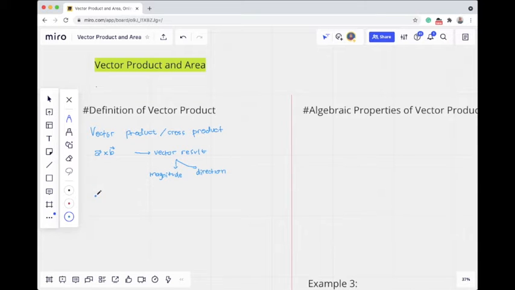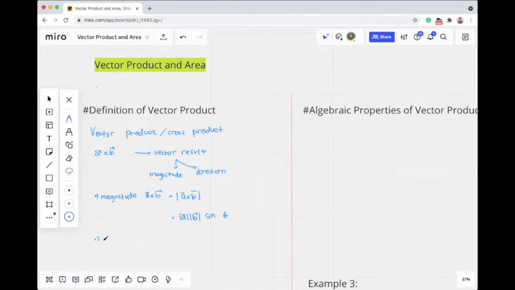The magnitude of cross product A cross B is written as the length of A cross B, and equals magnitude A times magnitude B sine theta. Theta is the angle between vector A and B.